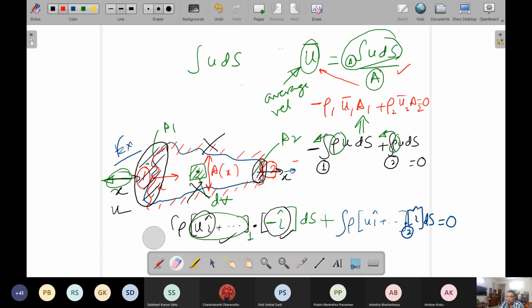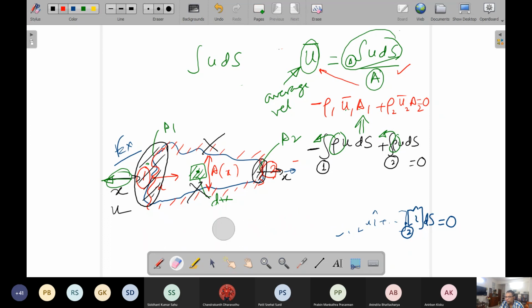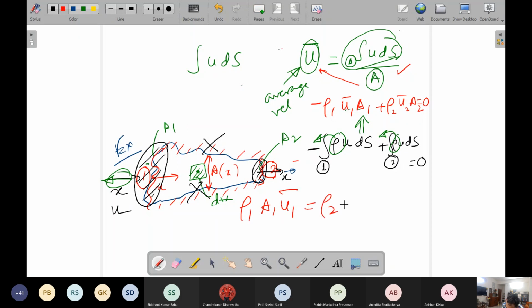Now if we write it in a reorganized form, we will get rho 1 A1 u1 average is equal to rho 2 A2 u2 average. Okay.